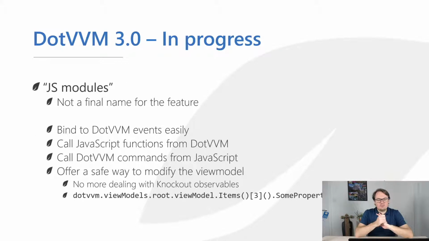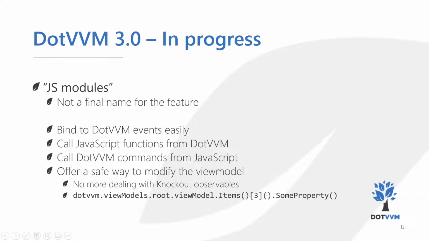There are some features that are in progress, and one of them has an internal name called JS modules, but that's not the final name because it means something else in JavaScript.